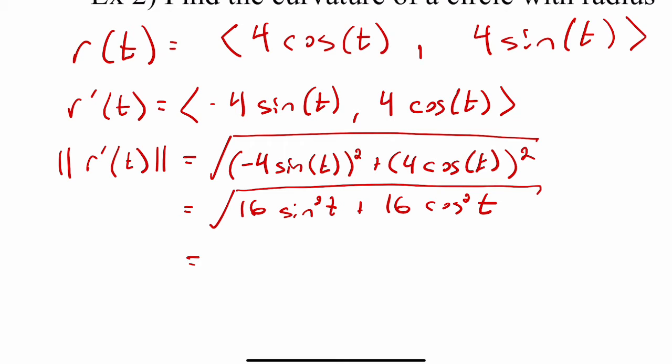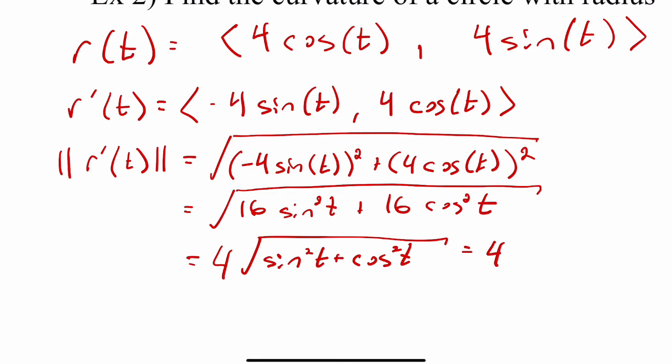We can factor out a 16, and actually, since 16 is a perfect square, let's just go ahead and pull that out of the square root as a 4. And then we're left with the square root of sine squared t plus cosine squared t, which we know is 1. The square root of 1 is 1. That means we just have a 4.